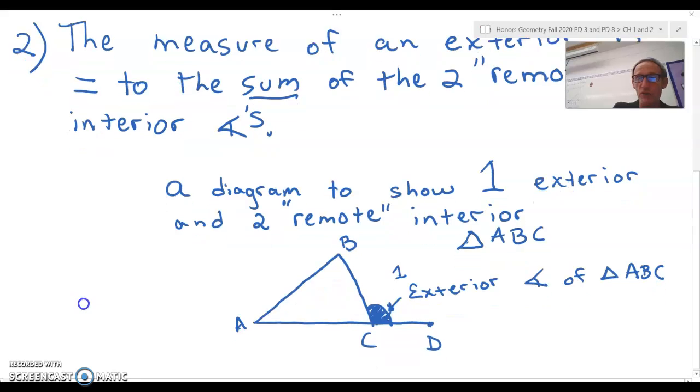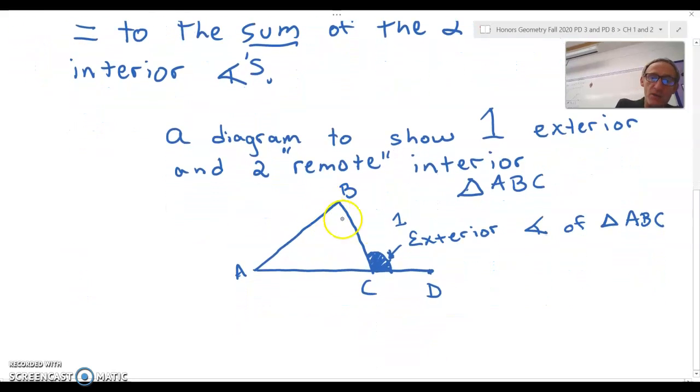And I'll show you another 2 in a minute. Now, if it's this exterior, these 2 angles here and here are the 2 remote interior angles. Interior means inside. Exterior means outside.